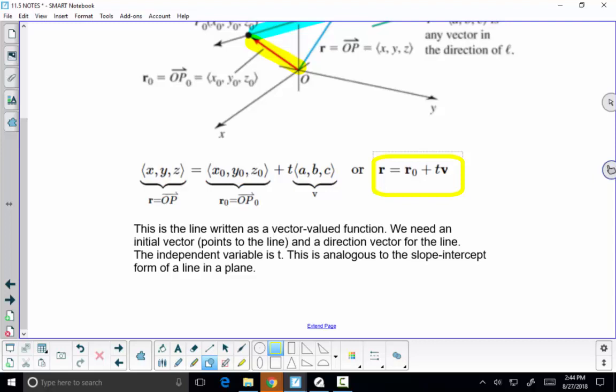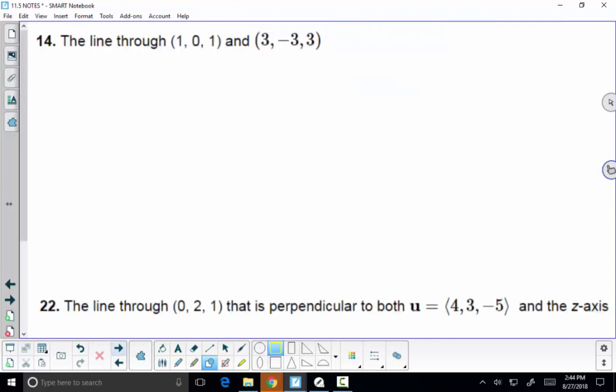So let's do one of those. So let's find the line. All right. You're imagining your coordinate system, and we're not going to draw this to scale. We're just imagining a coordinate system, and then we've got a couple of points.